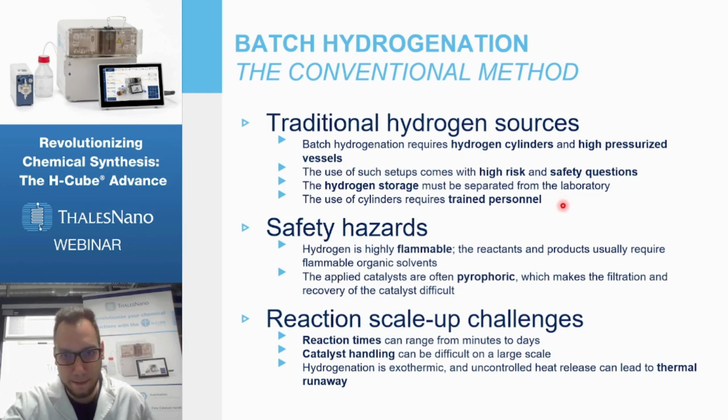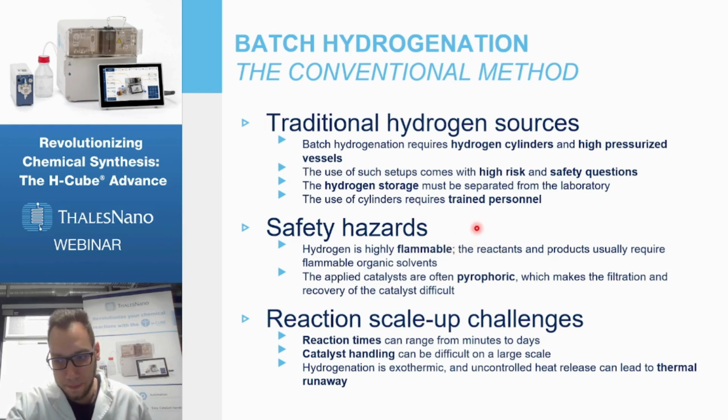During the design of the continuous flow hydrogenation equipment, we bore these difficulties in mind, and we designed a system that would be able to circumvent these difficulties. Of course, working with hydrogen is always going to be inherently hazardous because it's a flammable gas.